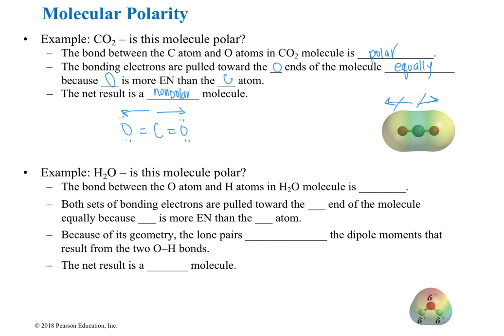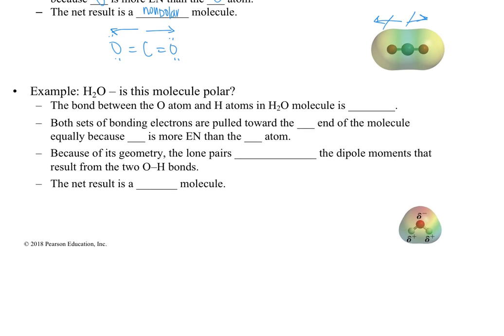Now, water looks like this. We have oxygen and hydrogen, and we have those 2 lone pairs. So when we draw it, it's a bent shape. Oxygen has that electronegativity difference here, so we are going to have polar bonds, because the oxygen is more electronegative than the hydrogen atoms.